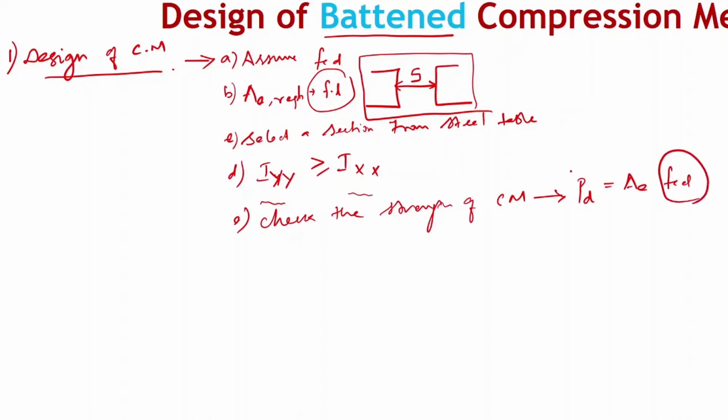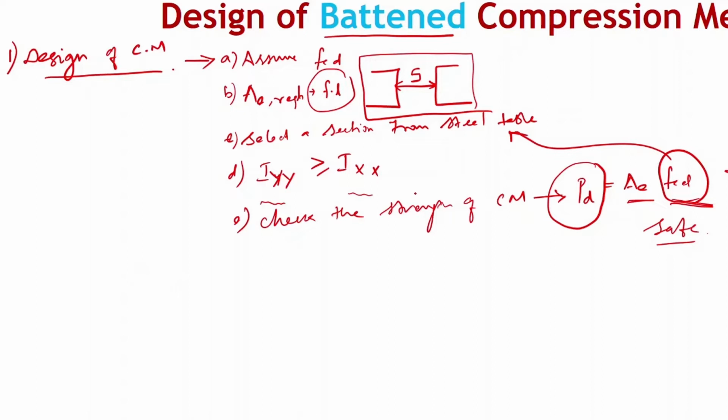This design compressive stress should be calculated for the section we have selected from the steel tables, for that particular section and its arrangement, and the area of the member. If you multiply both, you will get the strength of the chosen compression member. If this strength is greater than or equal to the applied factored load, then your compression member is safe to withstand this load. Okay, we have designed a compression member.